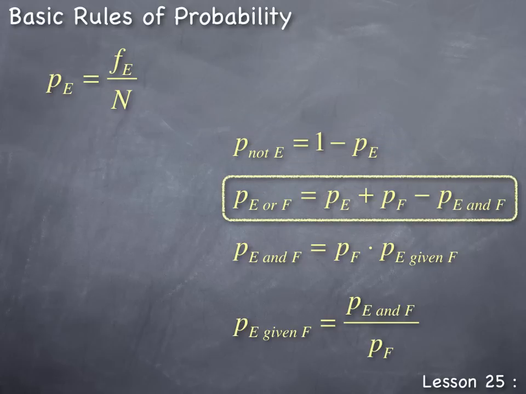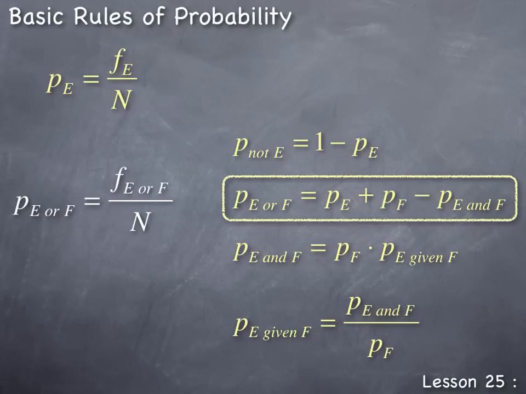Another key word of joining events and probability is or. So if you want to find the probability that either one event E occurs or another event F occurs, you could find that probability by counting the number of ways both E or F can occur and divide by the total.